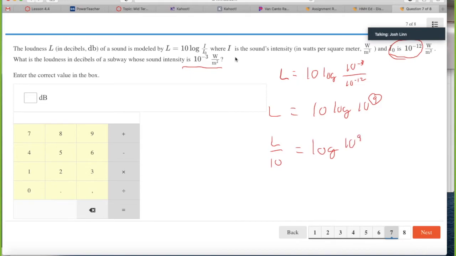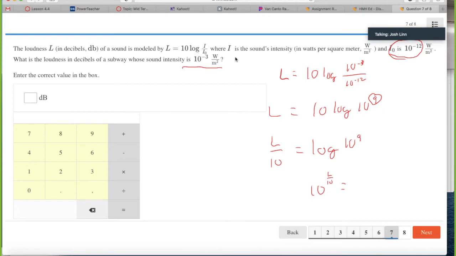So that's like saying log base 10 raised to the power of L over 10. And when does that equal 9? I think that doesn't seem right. Log base 10. So let's see, what is that?